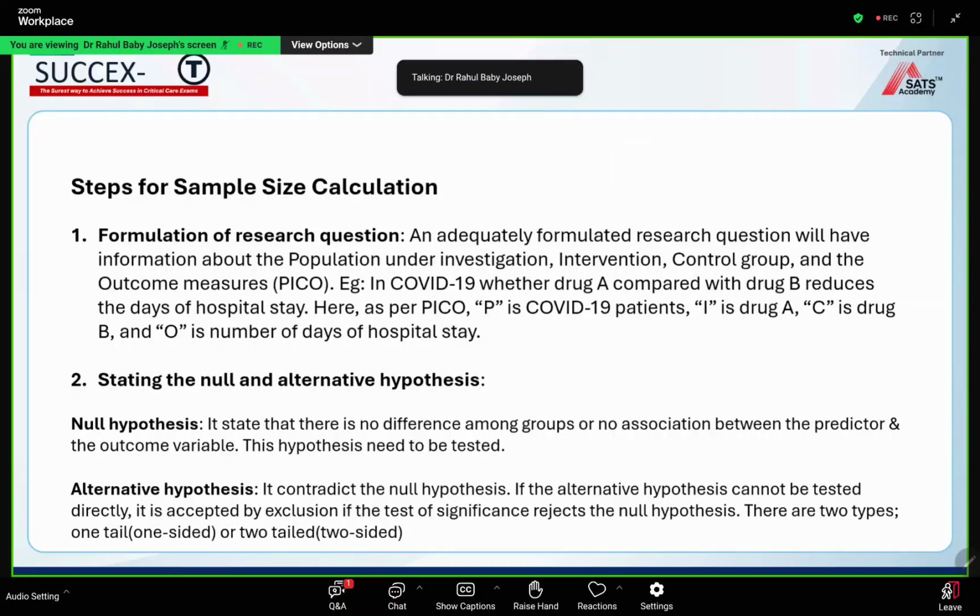Once you define the population under study, you need to state a null and alternate hypothesis. Null hypothesis is where there is no difference among the groups or no association between the predictor and outcome variable. This hypothesis needs to be tested. Alternate hypothesis is what we are trying to prove, and this cannot be tested directly. So it is accepted by exclusion if the test of significance rejects the null hypothesis.